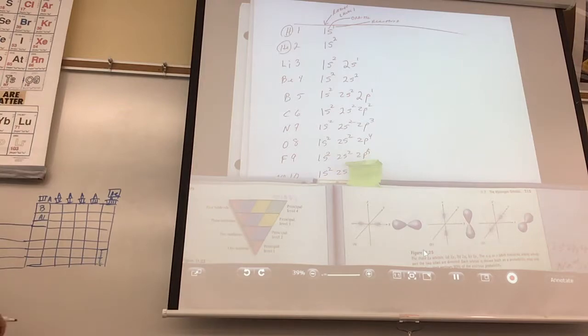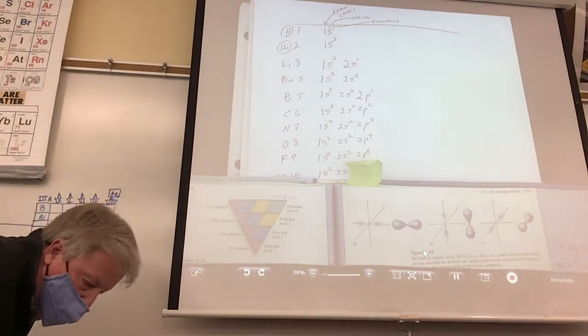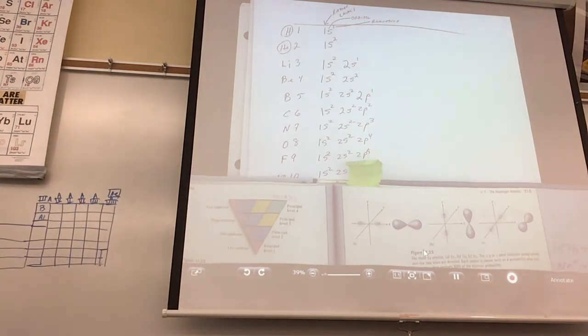Now what that means is that if you're found in that part of the periodic table, you're either putting one electron in an s orbital, or two.